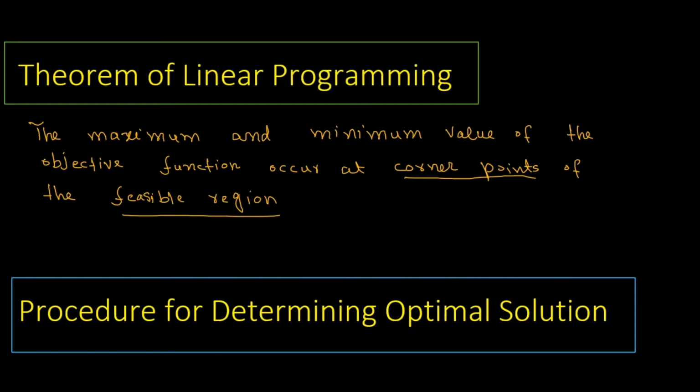So whenever we want to find the maximum or minimum value of the objective function, we will find the corner points of the feasible region, which means the region in the first quadrant.